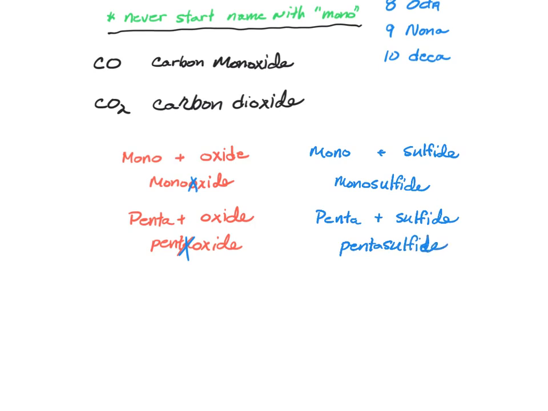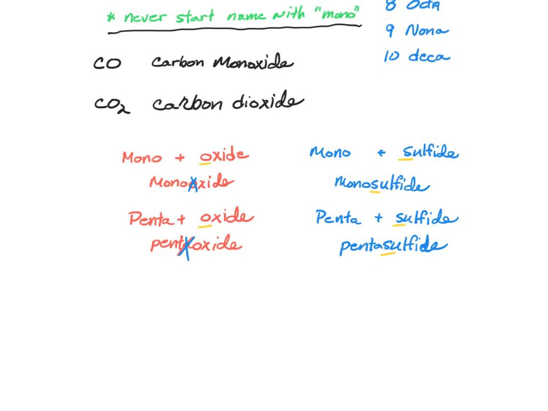So what's the difference between the two? Well, the difference is whether or not the element's name starts with a vowel. Because if it starts with a vowel, you wind up with 2 vowels together. Generally speaking, we're going to avoid that. So if it looks like you're going to be putting 2 vowels together, get rid of the vowel that's on the prefix.